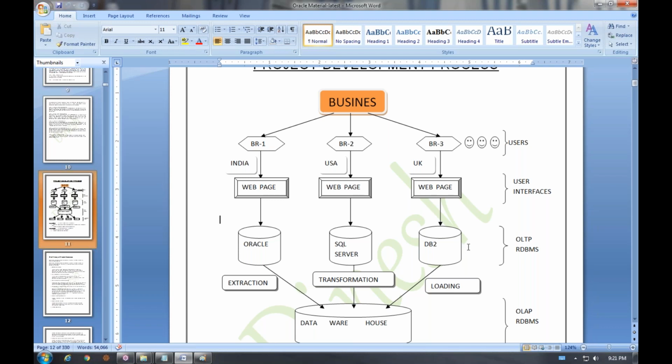See, so business periods: weekly, monthly, quarterly, half yearly, yearly. Maximum 95% of business people are following quarterly.